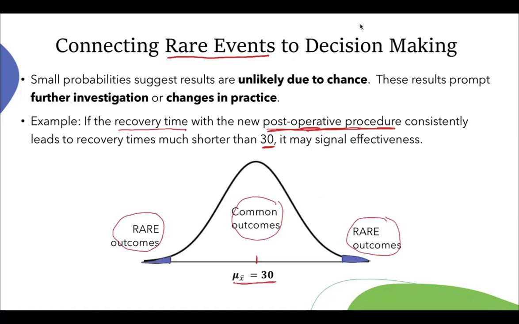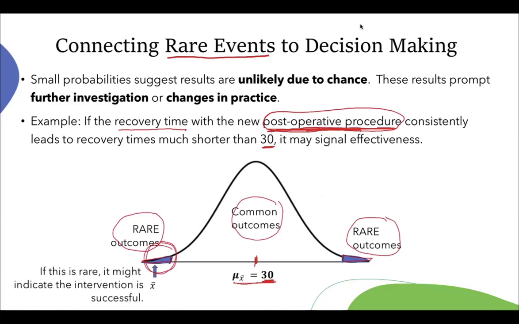When those rare outcomes happen, it gives us reason to consider that what we're testing, in this case a post-operative procedure, could truly be an effective intervention. So it's so much different than 30. It came out to be such a rare occurrence that it may indicate that it truly is effective. Okay, so an x bar on the far left, if this is rare, might indicate the intervention is successful.